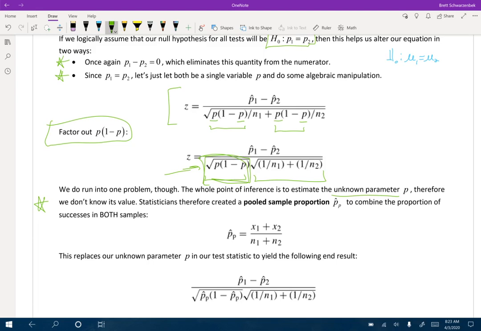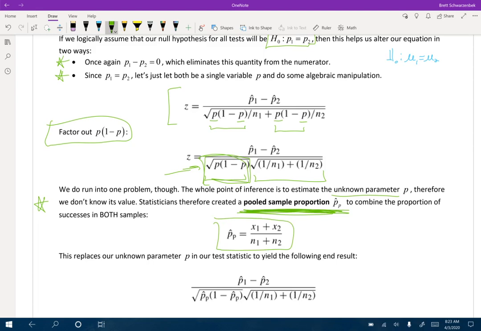So what statisticians did was they came up with something called a pooled sample proportion, similar to the pooled sample standard deviation that we came up with before. So what's the formula? It's p hat sub p, the pooled proportion, which will be x1 plus x2.